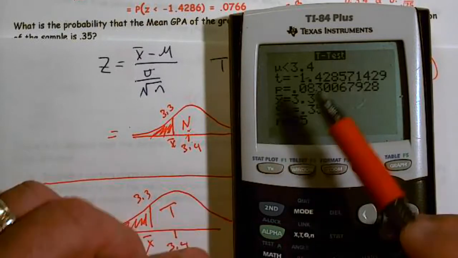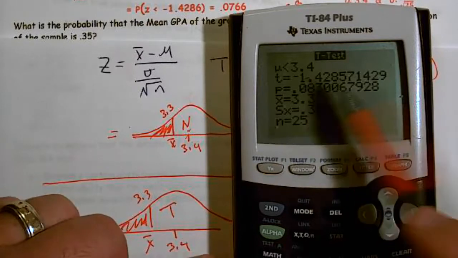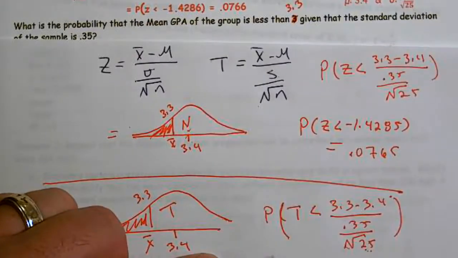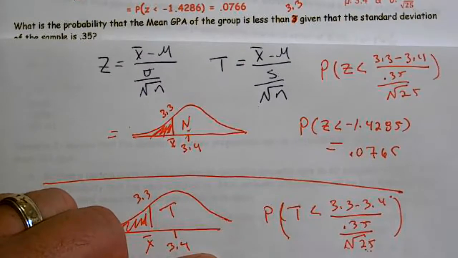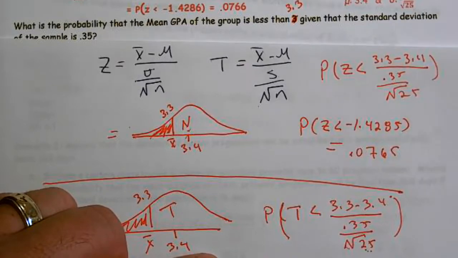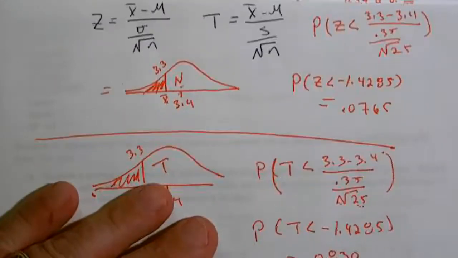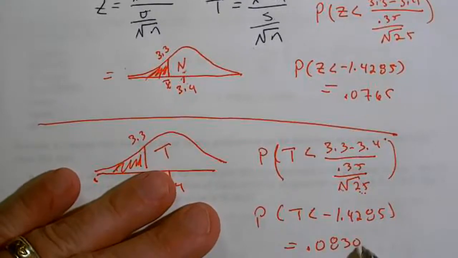And the probability that t is less than negative 1.4285 equals 0.0830.